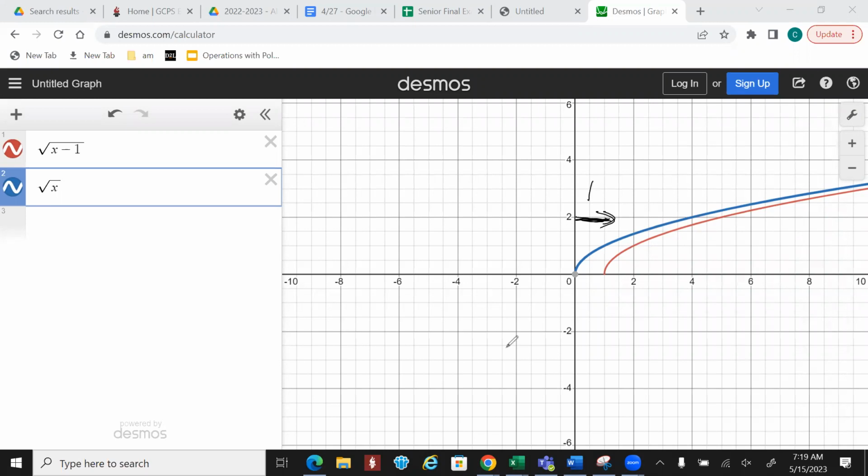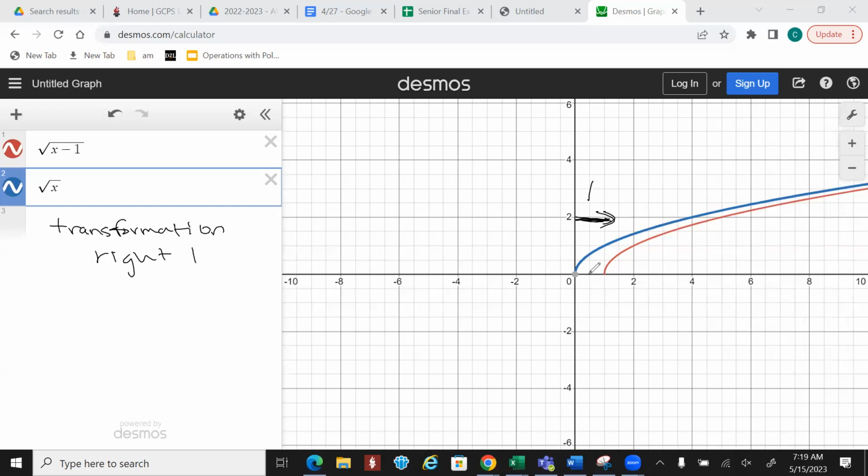Does that make sense? There might be a question on your exam about transformations. That's in that 10 question category. If we had to do the transformation of this, the transformation would be that it moved right 1. That's all it would be.